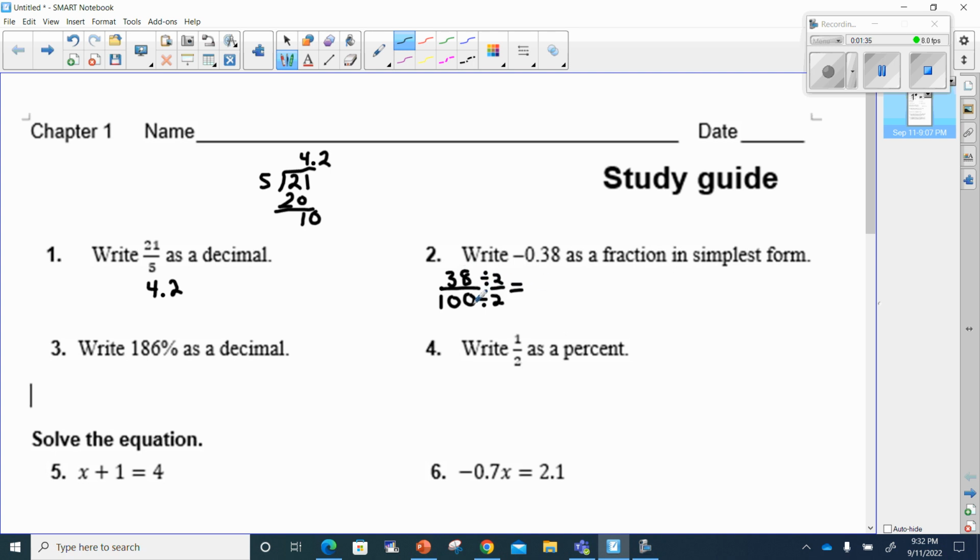So I'm just turning 38 over 100 into an equal fraction that still has the same value as 38 over 100. 38 divided by 2, that's going to give me 19. 100 divided by 2 is 50. And we cannot reduce this anymore because we're dealing with an odd number and an even number here. So our answer is 19 over 50.